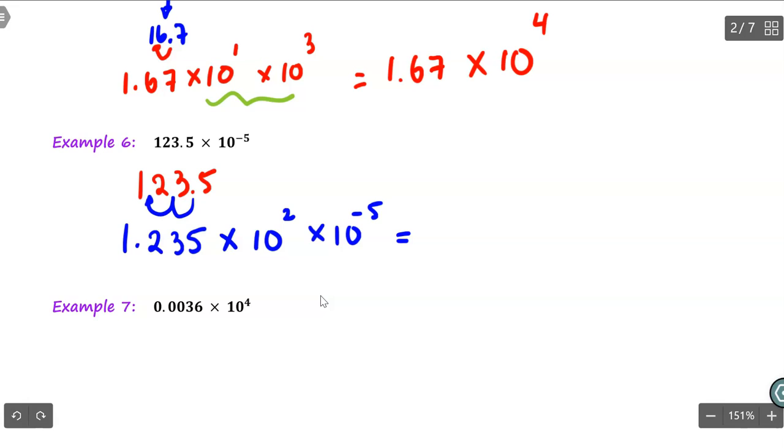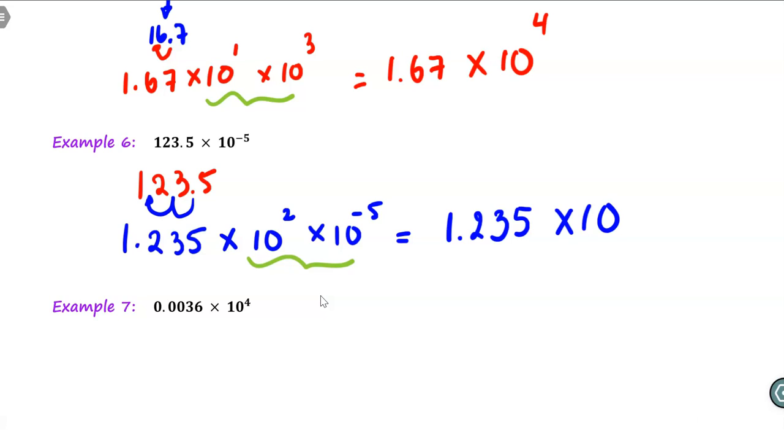And I'm going to combine these two. Okay, so then my final answer will be 1.235 times 10 to the exponent of 2 plus negative 5. So that will be negative 3. Okay, so let me write it here for everyone.